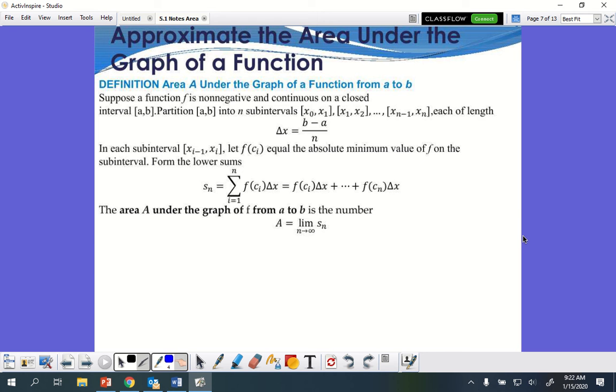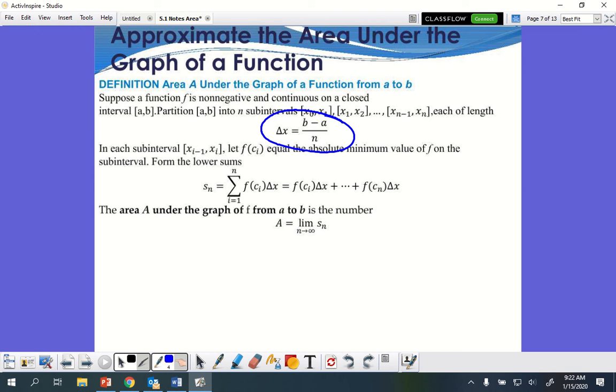All right, so we kind of left off on this yesterday. Right here, let's take a look at this. See this right here? That's the W, right? That's the width of my rectangle. But now we're just commonly referring to it as delta x, where delta is a mathematical term symbolized by a triangle.